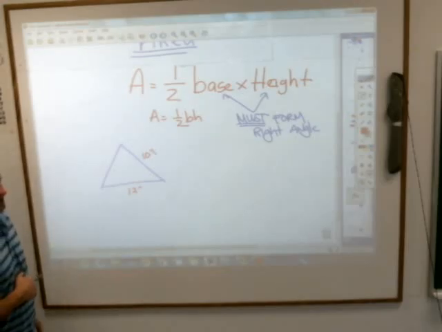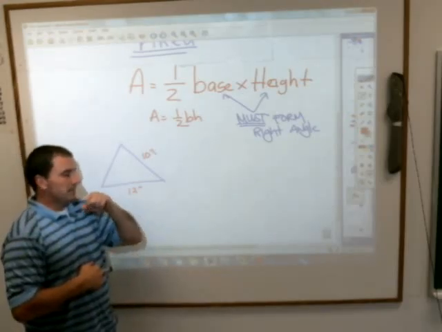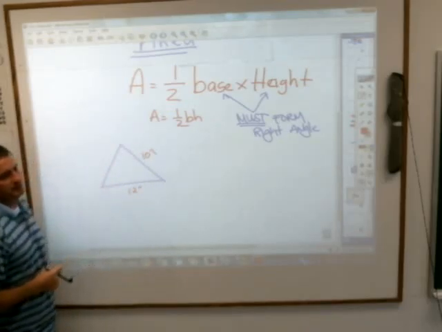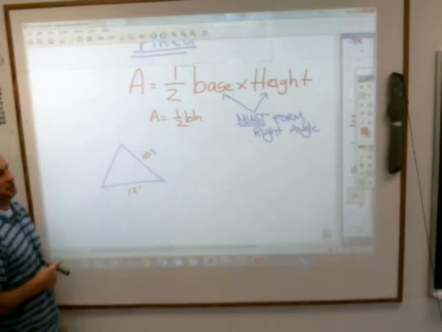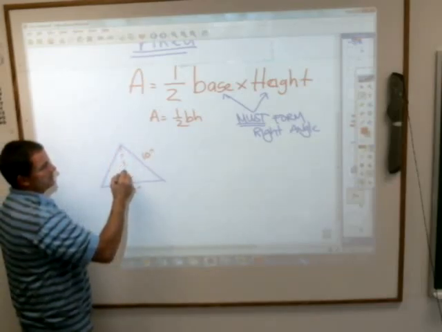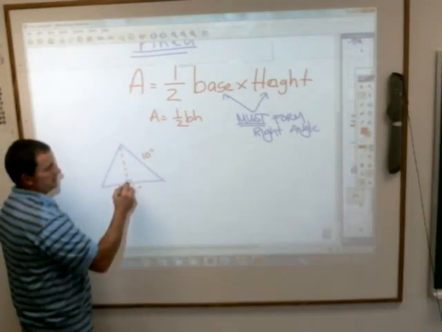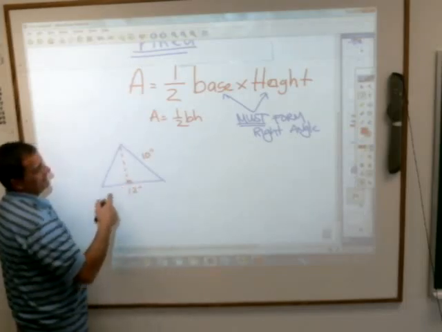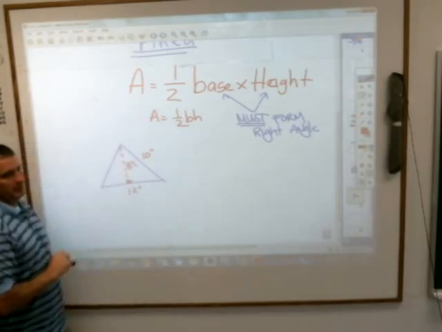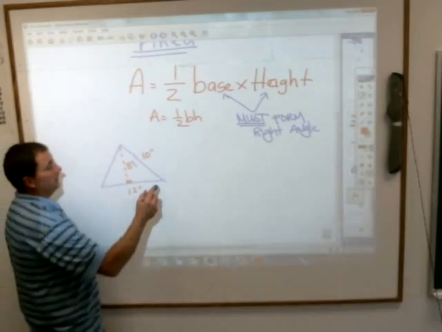No, you draw those dotted lines. Exactly. You would not be able to find the area of this triangle until you are given this little dashed line that comes down and they put a nice little corner thing there and they tell you that this thing is maybe 8 inches. Okay, now you can do the area.